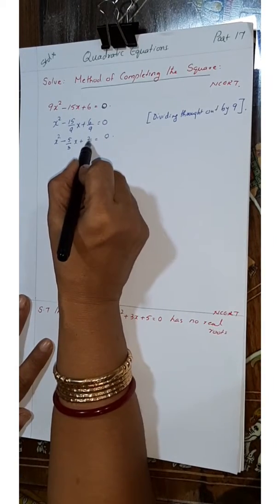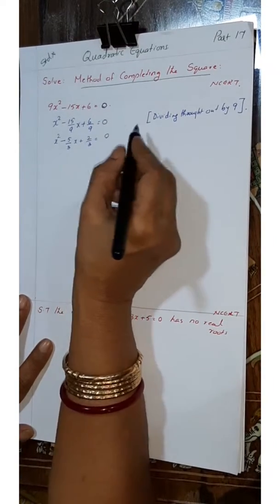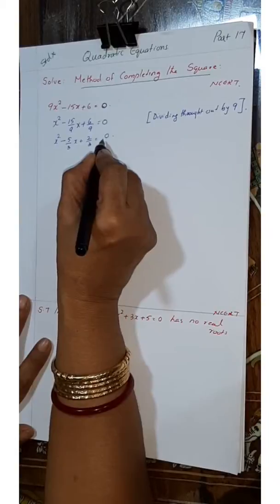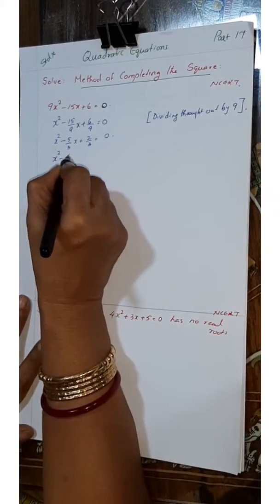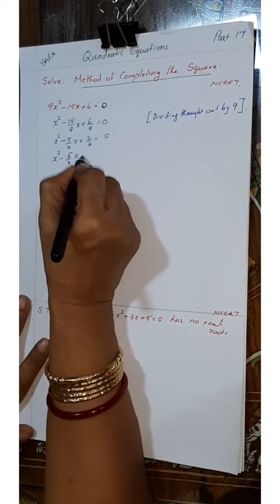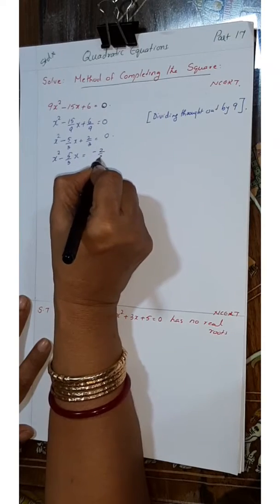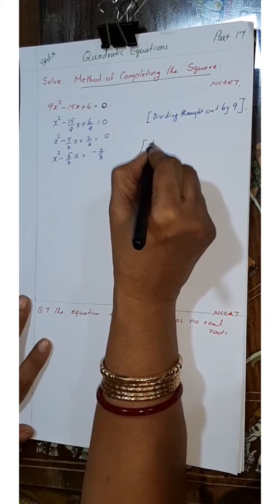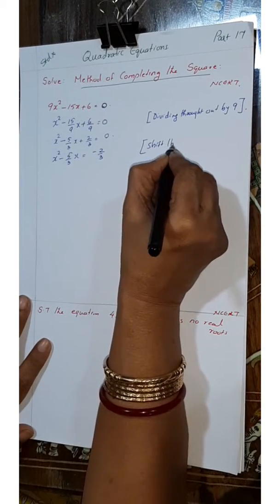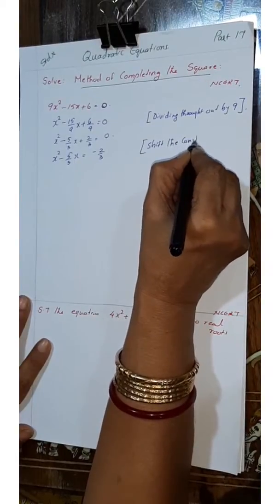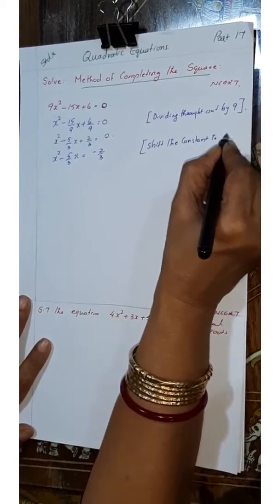And next is we have to bring the constant to the right side. So this x squared minus 5 by 3x equal to minus 2 by 3. So shift the constant to right hand side.